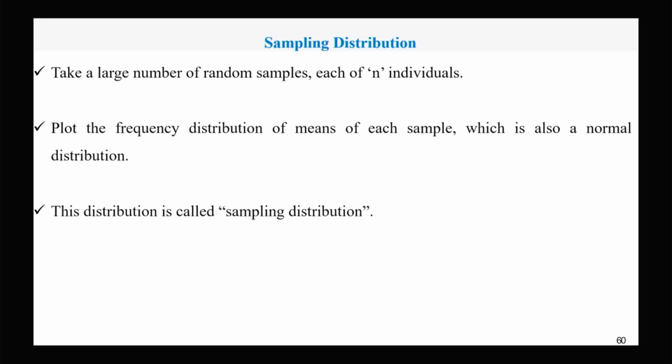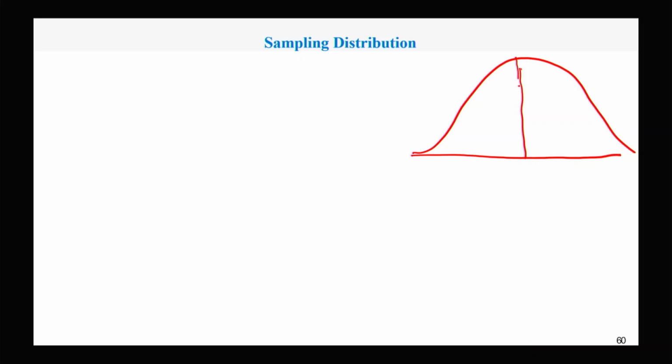So now let us discuss what sampling distribution means. Suppose this is a population, as we have discussed, the whole population where we have, say, 10,000 data points, and this is a normal distribution.